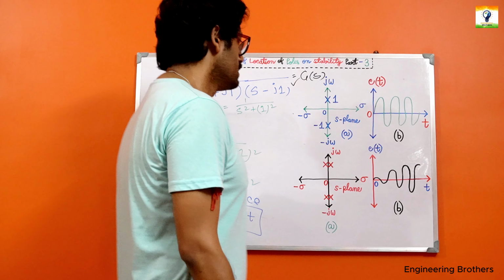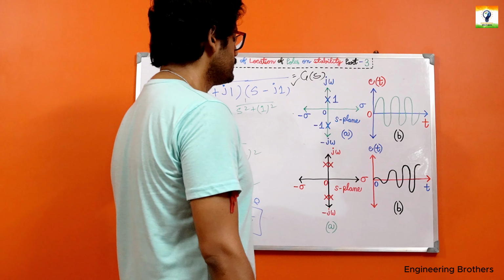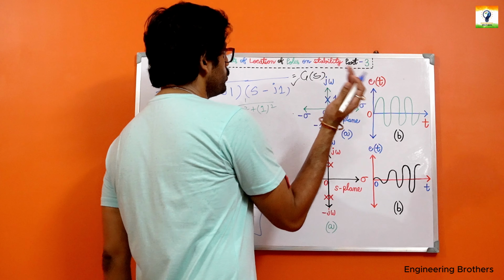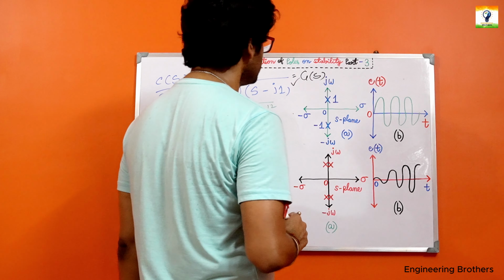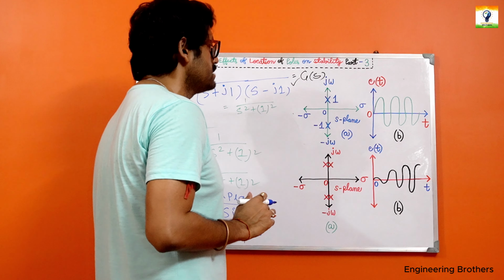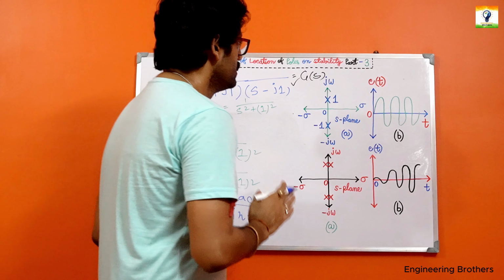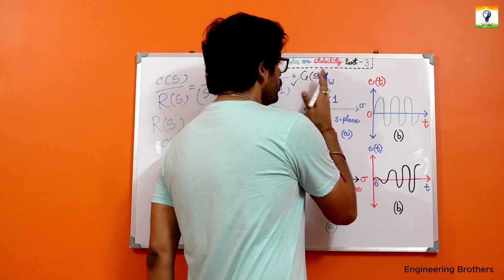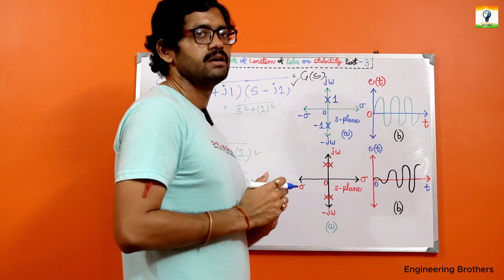According to our s-plane analysis, we know that if the poles are placed in the left hand side of the s-plane, we can say that the system is stable. And if the poles are present at the right hand side of the s-plane, then it will be unstable.